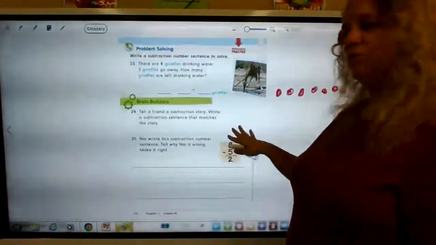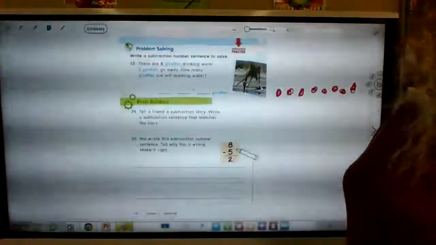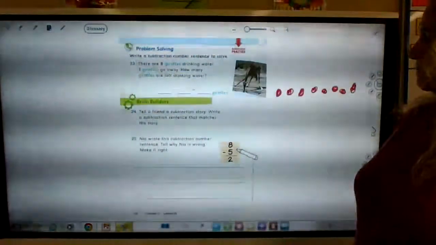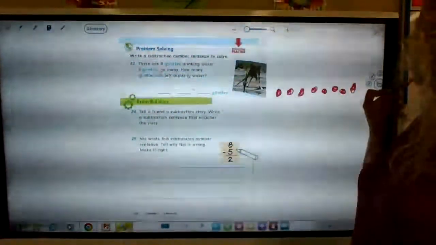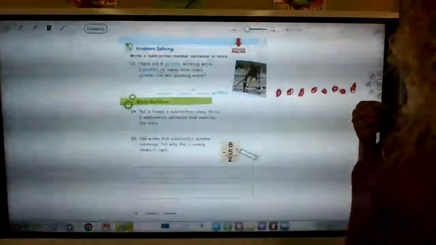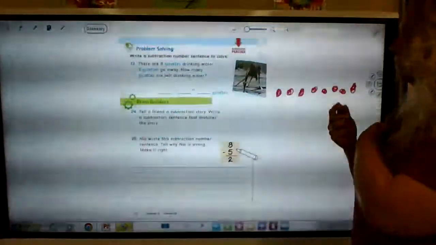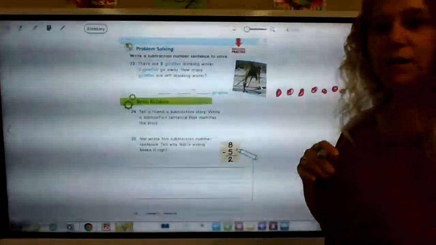And then write the subtraction number sentence that goes with your story. Okay, pause me if you're not done.